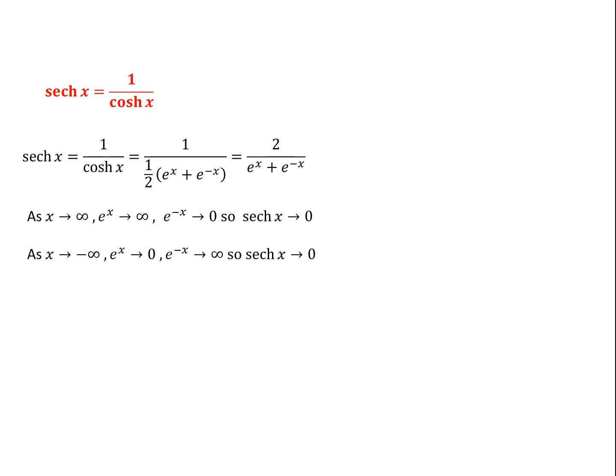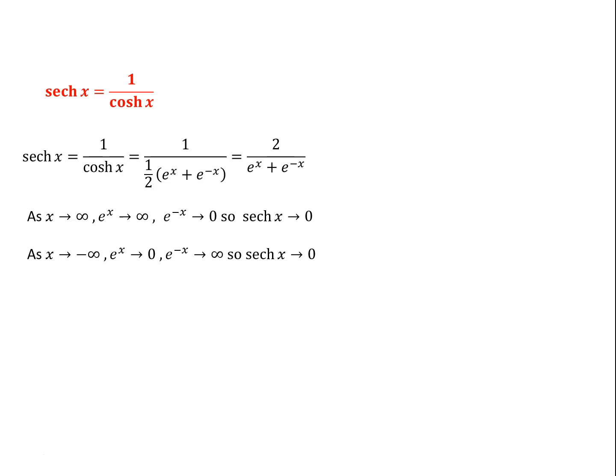Now, as x tends to infinity, we know that e to the x tends to infinity, e to the minus x tends to 0, so we've got 2 over a very large number, so we can see that sech x is tending to 0. Similarly, as x tends to minus infinity, e to the x tends to 0, e to the minus x tends to infinity, so sech x is tending towards 2 over a very large positive number.